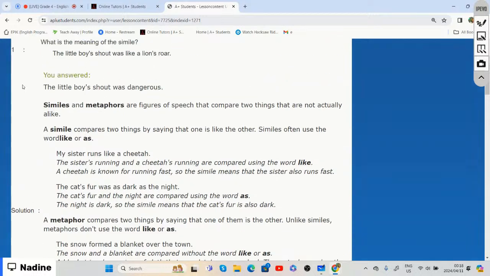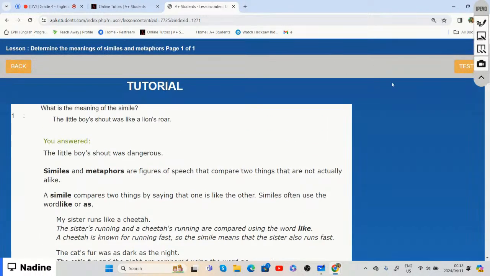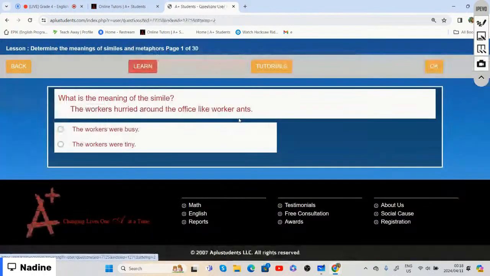All right. So now we're going to our test, where we are going to determine the meaning of similes and the meaning of metaphors. We need to say what the meaning of the simile is.